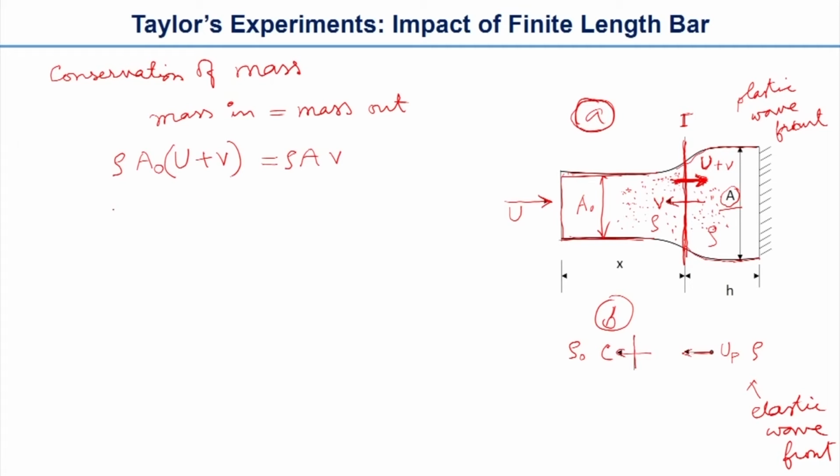So this is the conservation of mass equation. As both the densities are the same in this case, we end up with A naught times (u plus small v) equals A times small v.